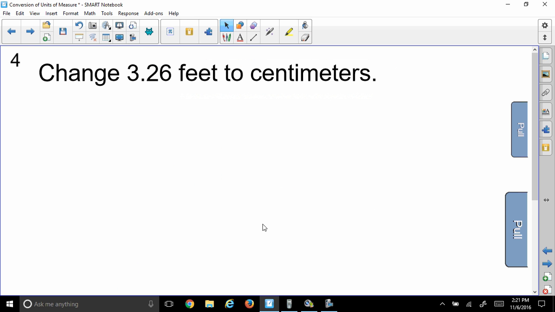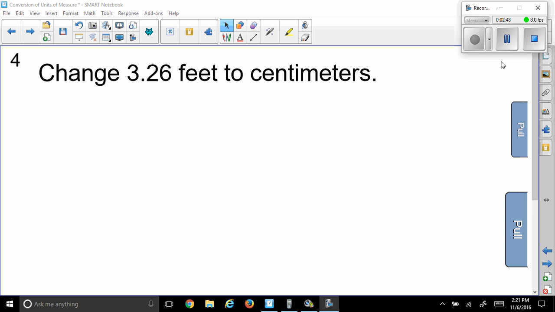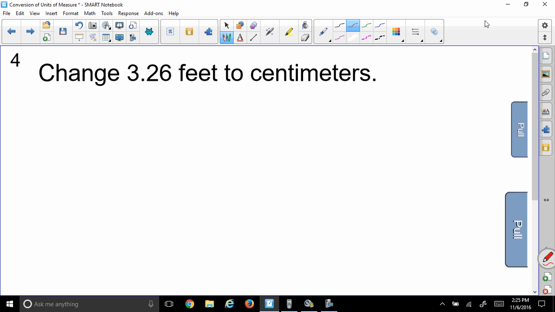So let's change first to centimeters, 3.26 feet. Okay, so we're going to change this 3.26 feet into centimeters.